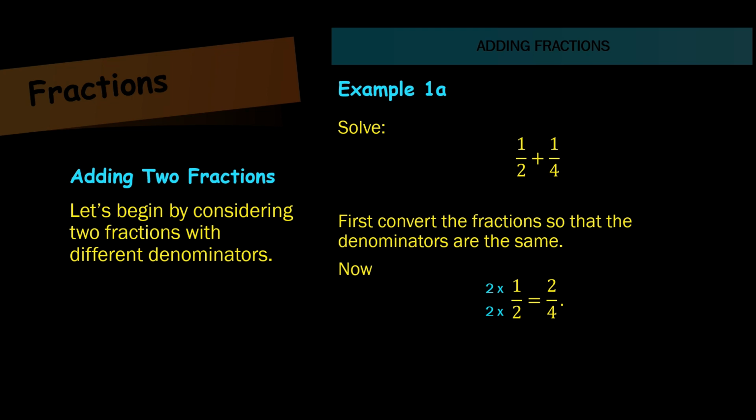Multiply the numerator and denominator by the same number 2 to give 2 out of 4. Therefore, 1/2 plus 1/4 equals 2/4 plus 1/4, as shown.